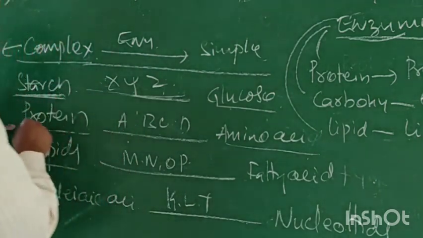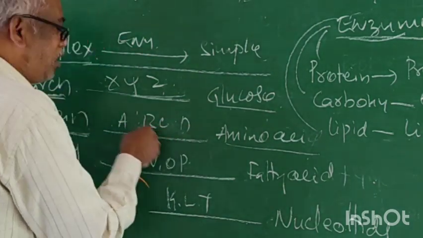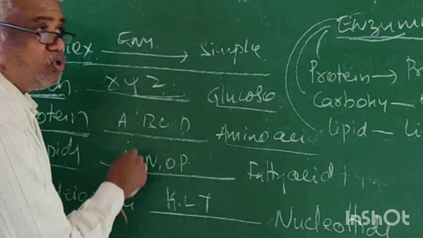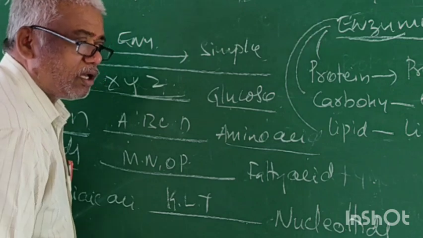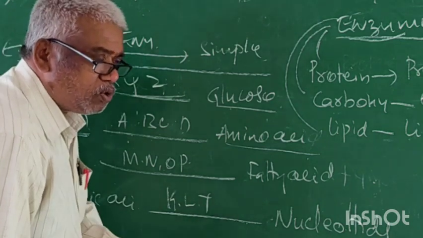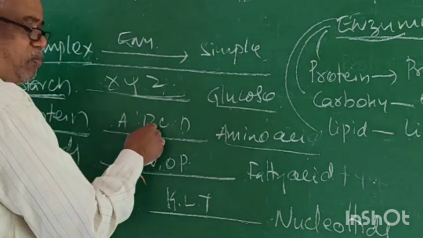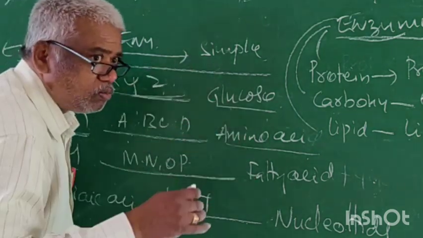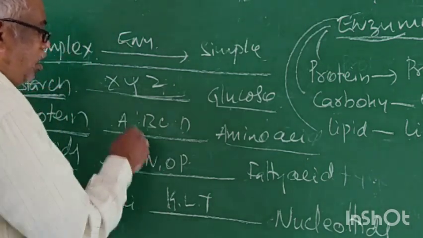Suppose now, what is this protein? A, B, C, D. What is the name of the enzyme? Pepsinogen, trypsinogen. Okay, right. Instead of pepsinogen and trypsinogen, I am saying A, B. Just assume, imagine.